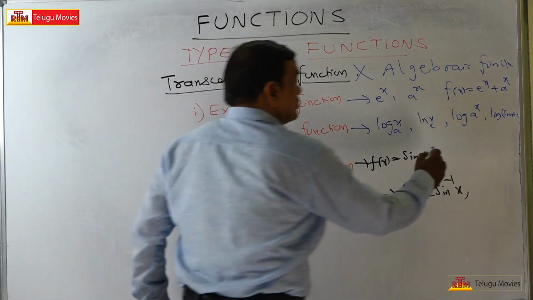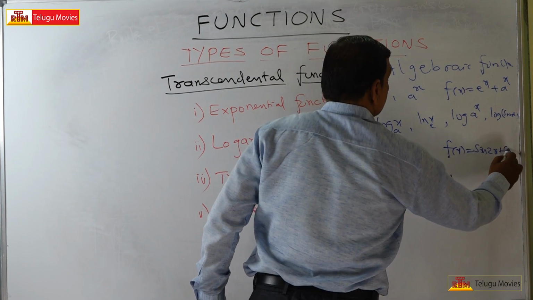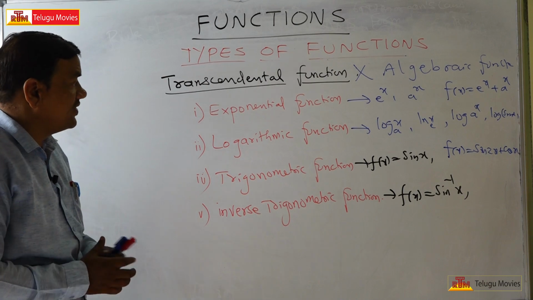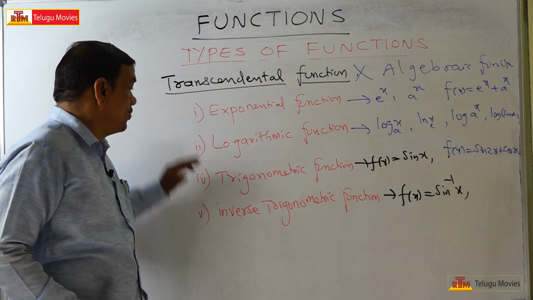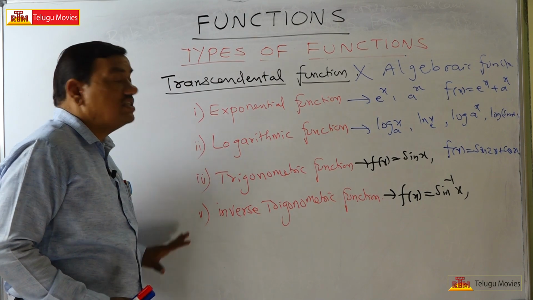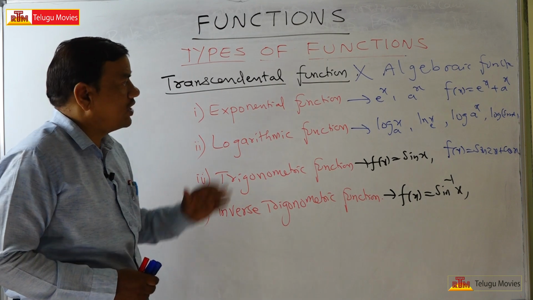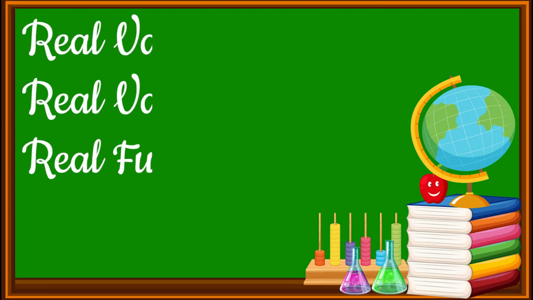Again trigonometric function also, for example, if f of x is equal to sin 2x plus cos x, this is also called a trigonometric function. And the inverse trigonometric functions, all these 4, 1, 2, 3, 4, come under transcendental functions. I hope that you understand this concept. Let us go for the next concept.